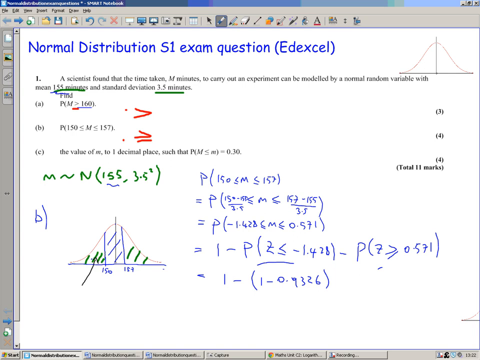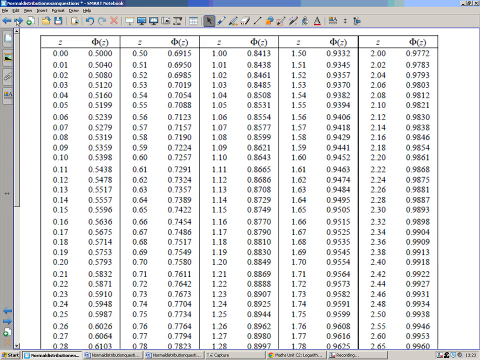Okay, there's a lot of jiggery-pokery we could do because obviously it was negative, but in fact, whether it's a negative value or a positive value, in essence it's going to boil down to either taking the number away from 1 or not. And if you've got a good diagram, you can see that. Okay, and this one here is also going to be 1 minus, so let's look for the 0.571.